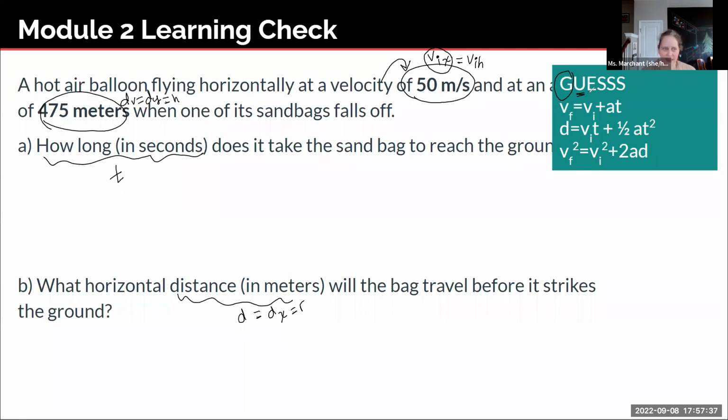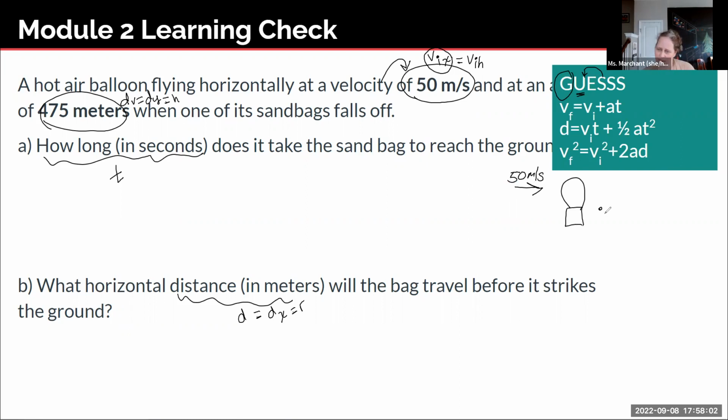So equation. Sometimes you sit here and go, I have no idea. So put the S first. Draw in that sketch to help you out, because that's going to actually help you solve this problem. We have a balloon and it is going to the right at 50 meters per second.